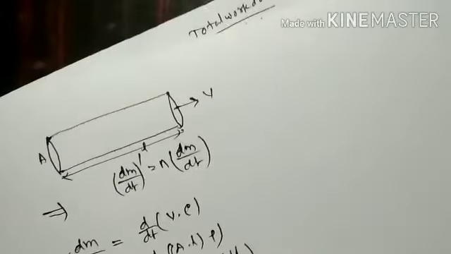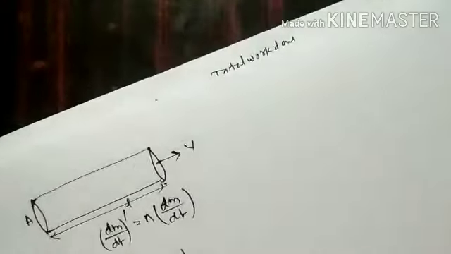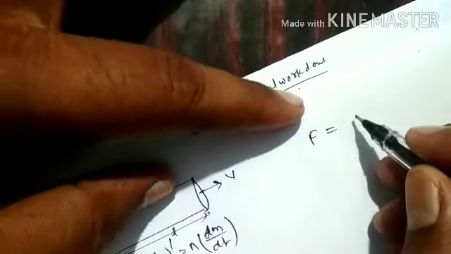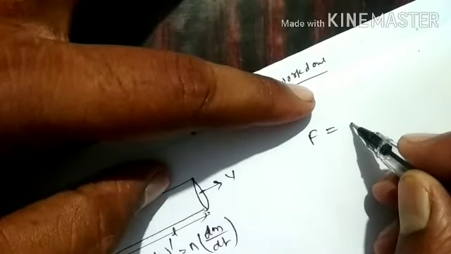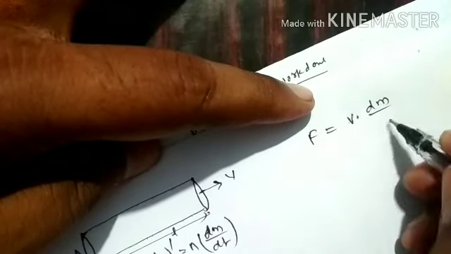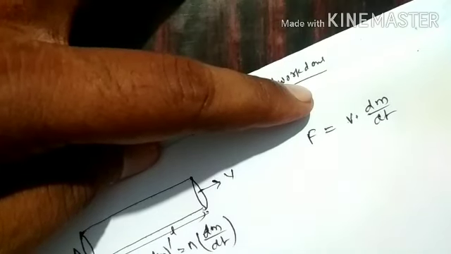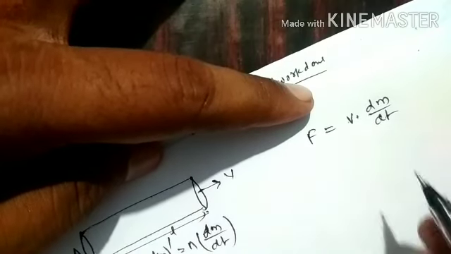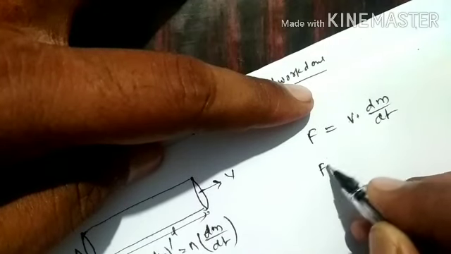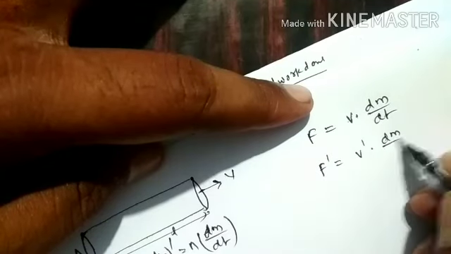Now with this relation I want to find the force and power delivered. First condition: force F is equal to v into dm by dt. Similarly, in the second case, f dash is equal to velocity v dash into dm dash by dt.